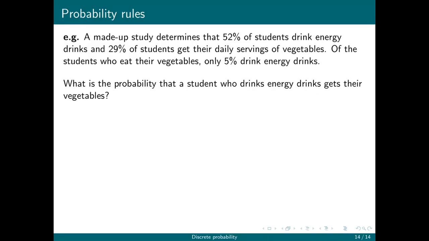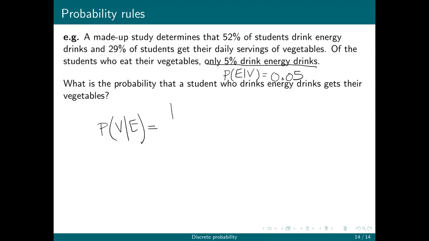Maybe we'd also like to know, what is the probability that a student who drinks energy drinks gets their vegetables? So remember that the given probability is that P of E given V is 0.05. We're asking, what is P of V given E? All right, they're not going to be the same.